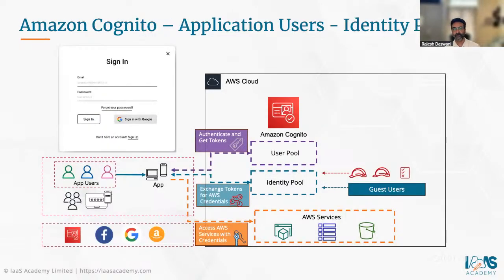Okay, so before we go any further, just a quick recap. You've got AWS IAM, which is allowing you to create IAM users, groups, and roles. Today, you really want to use IAM just for managing your IAM roles. You don't really want to be creating IAM users for your workforce. For your workforce, you want to use the Identity Center because the Identity Center gives you single sign-on capability across multiple accounts in the AWS organization.